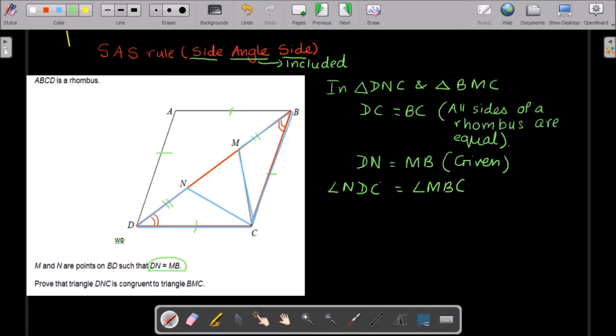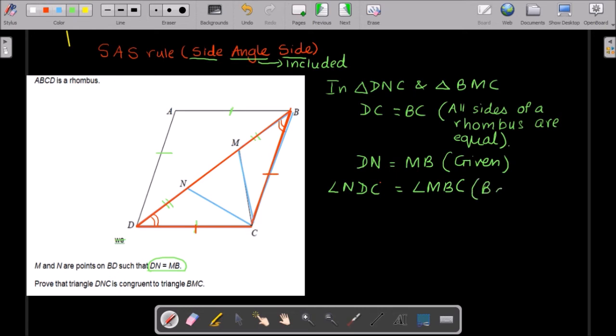And the reason for this, if we remember earlier on the red triangle which we were looking at, let me just show that red triangle again to you. You can see that this red triangle here is an isosceles triangle because BC is equal to DC, right? Because they're sides of a rhombus and all sides of a rhombus are equal.